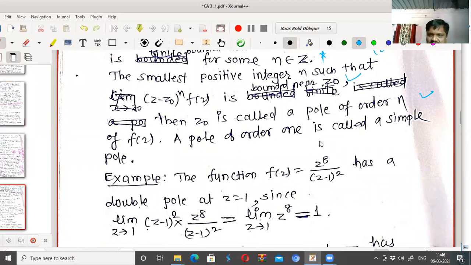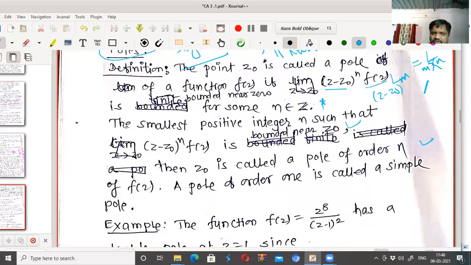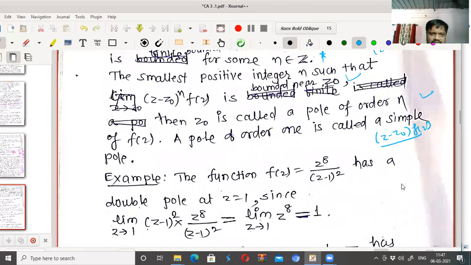A pole of order 1 is called a simple pole. That means if (z minus z0) times f(z) is bounded near z0, then z0 is called a pole. No doubt a pole is also again a singularity that can be removed by using this one. Okay, that is the case.